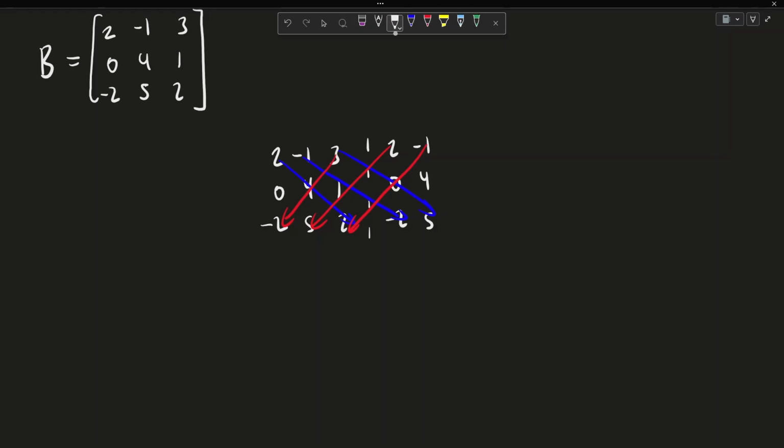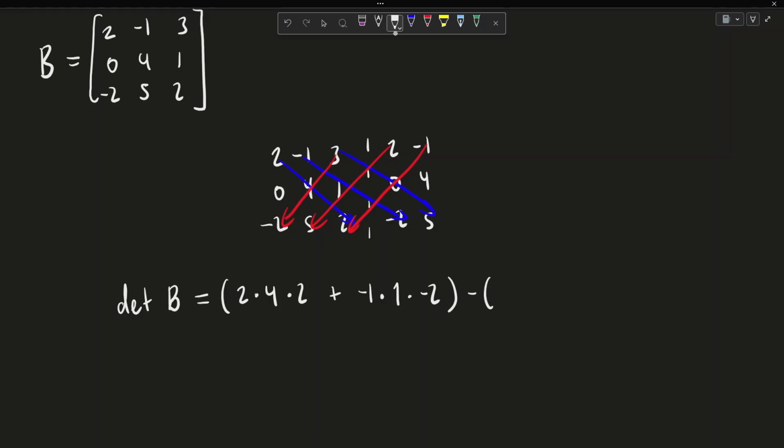And so what this tells us is that the determinant of B is equal to 2 times 4 times 2 plus negative 1 times 1 times negative 2 plus, we see there's a 0 in there, so we can just disregard this last term entirely.